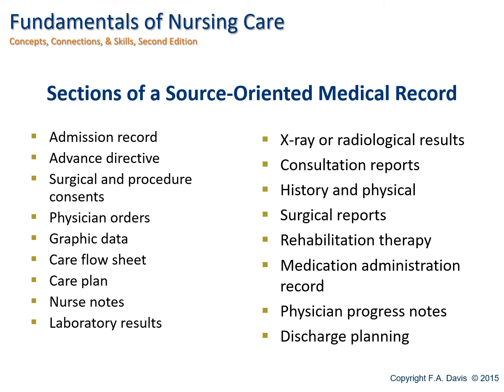So it contains the admission record, their advance directive, surgery and procedure consent forms, physician orders, graphic data like the vital sign flow sheet, for instance, or intake and output, care flow sheet, care plan and nurse's notes, lab results, diagnostic test results, etc., history and physical, the medication administration record, our physician progress notes, and a tab for discharge planning. So you can see it contains a lot of different tabs in this source-oriented medical record.